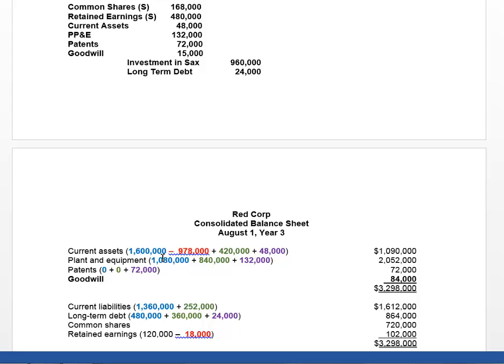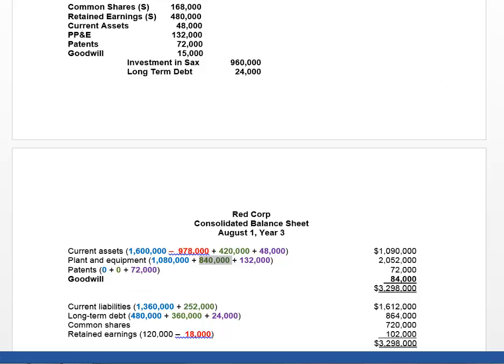But don't forget, when the business combination happened on August the 1st, which is the date we're doing the consolidated balance sheet for, we have to account for some of the things that happen that might adjust these balances for consolidation purposes. Anything you see highlighted in blue is from the statements of Red that we had on July the 31st. Anything in green is from the statements of Saks as we saw them on July the 31st at carrying value.